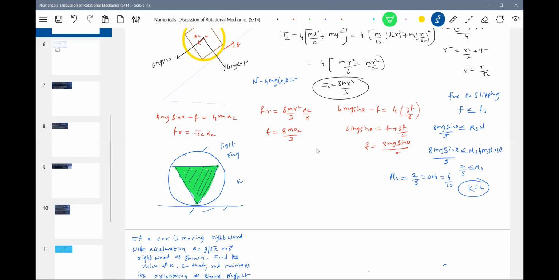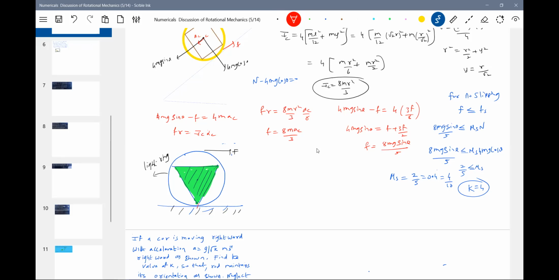Or I can apply a force instead of giving velocity. I'll apply the force at the highest point. So many ideas will start coming. Then where will the friction act, towards right or towards left?